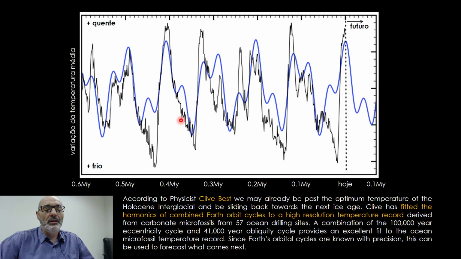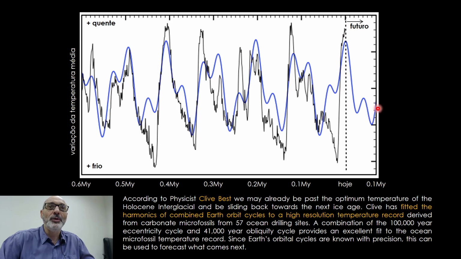So this explains most of the temperature variations. This means that the sun really influences climate. Another important observation is that we know already what's going to happen in the future.